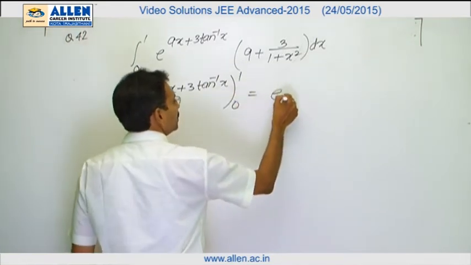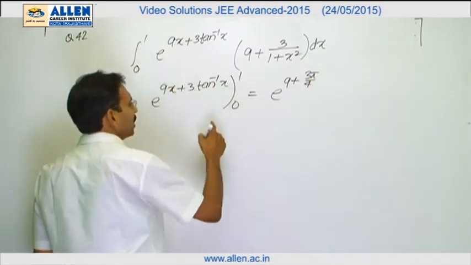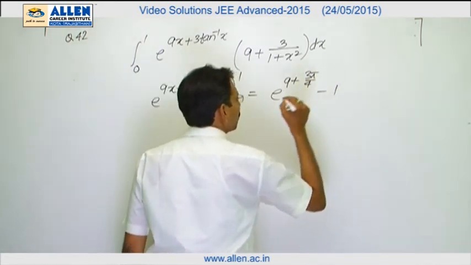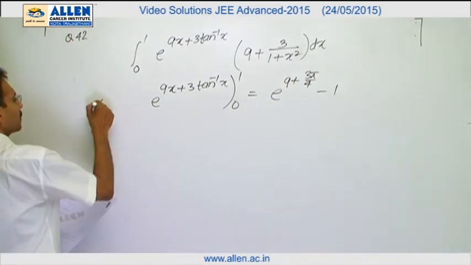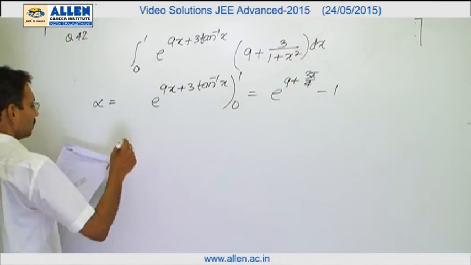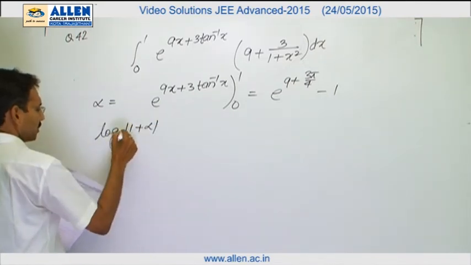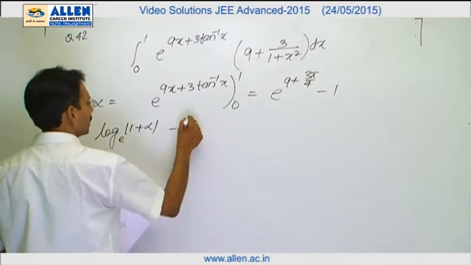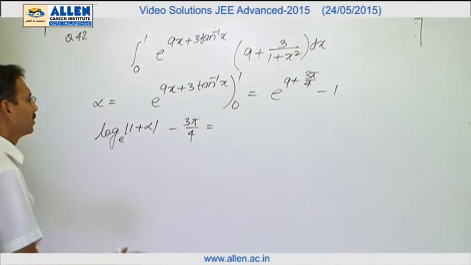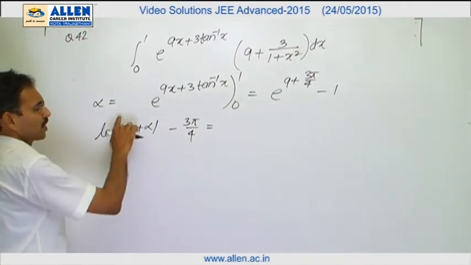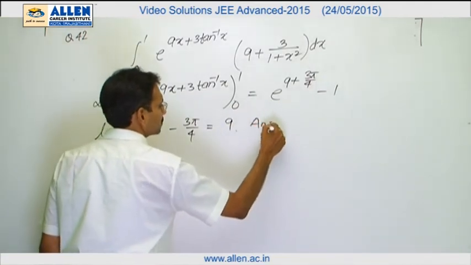This gives us e power 9 plus 3 pi by 4, and for 0 it gives us 1. This is the value of alpha, and we have been asked to find out log 1 plus alpha to the base e minus 3 pi by 4, whose value will be 1 plus alpha. So 9 plus 3 pi by 4 minus 3 pi by 4 is 9. So the correct answer is 9.